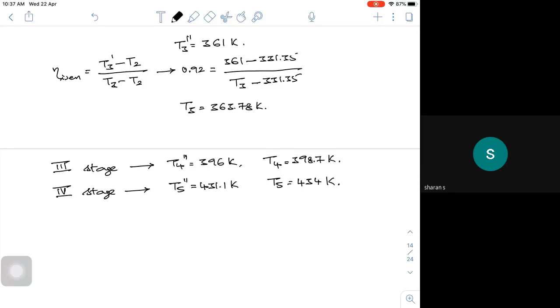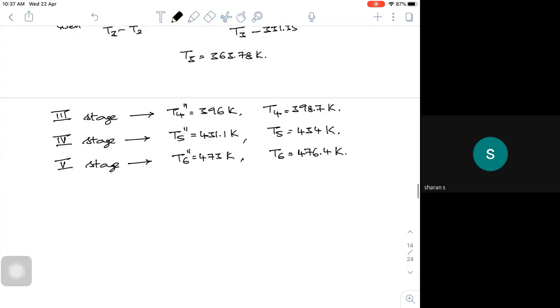Then for the fifth stage, T6 double dash is equal to 473 Kelvin and your T6 is equal to 476.4 Kelvin.